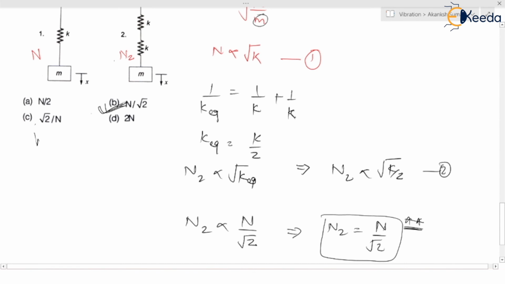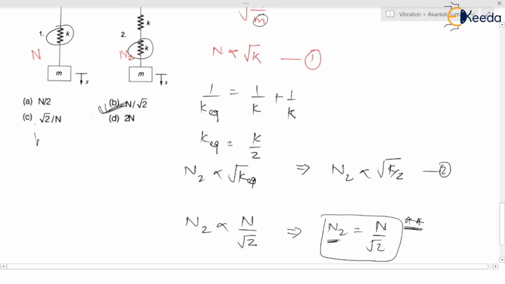That means when you add the spring in series, the natural frequency is reduced by 1 upon under root of 2 times. Okay, so this is a physical characteristic you must understand. That means if you want to reduce the natural frequency of the spring system, you must add the spring in series.